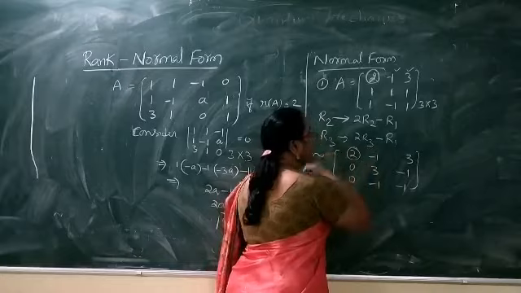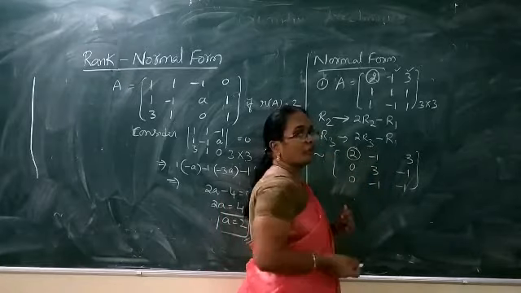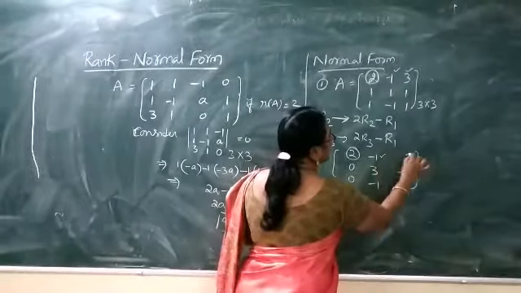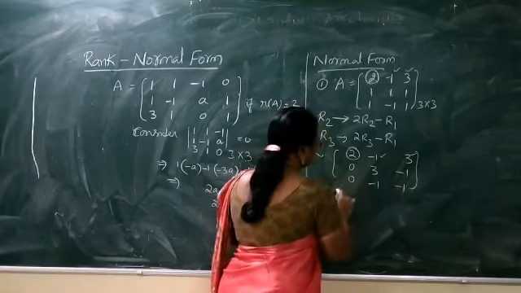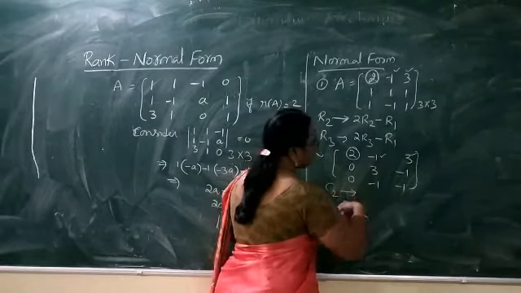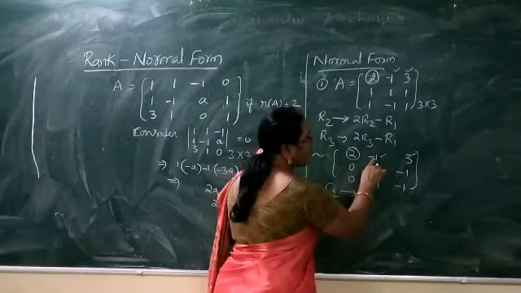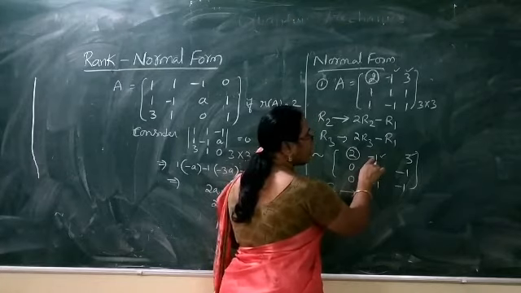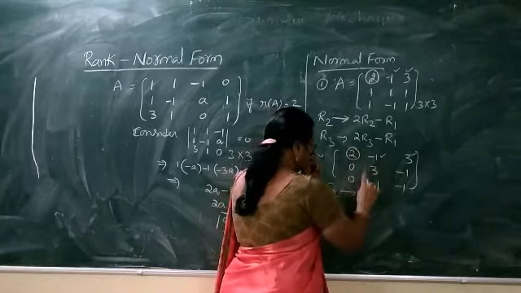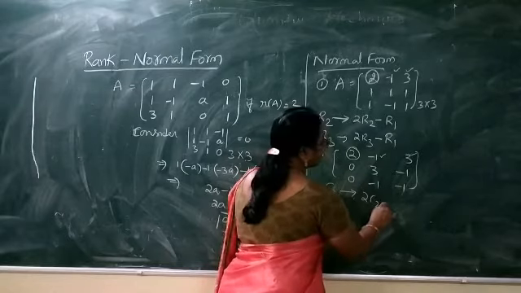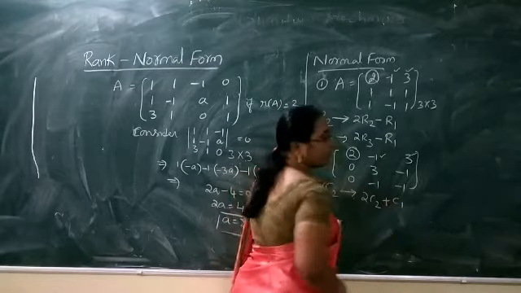Now with the same pivot and using the column operations, we make this minus 1 and the 3 of the first row 0. To make this minus 1, which is in column 2, C2 implies we multiply this with 2 so that it becomes minus 2, and add it with this one, so we have 2C2 plus C1.